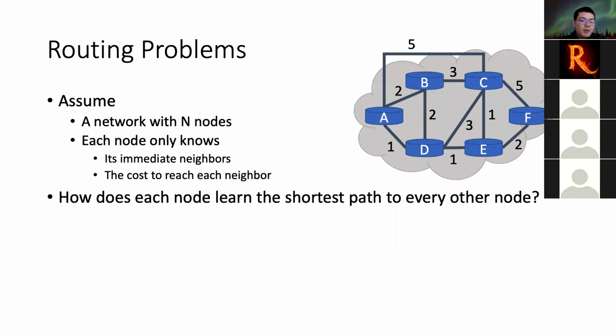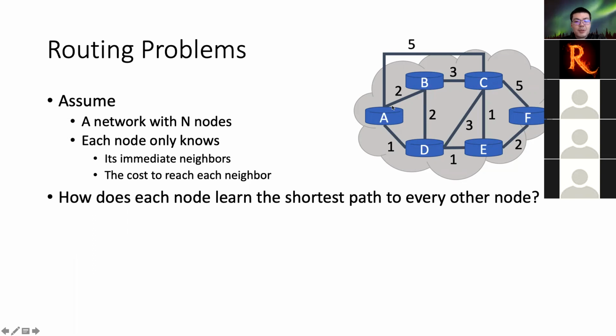So the routing problem now looks like this. Let's say within UAB, we have many routers, N routers, a network with N nodes. Each node only knows its immediate neighbors. You physically connect to 3, because your router has 3 ports.